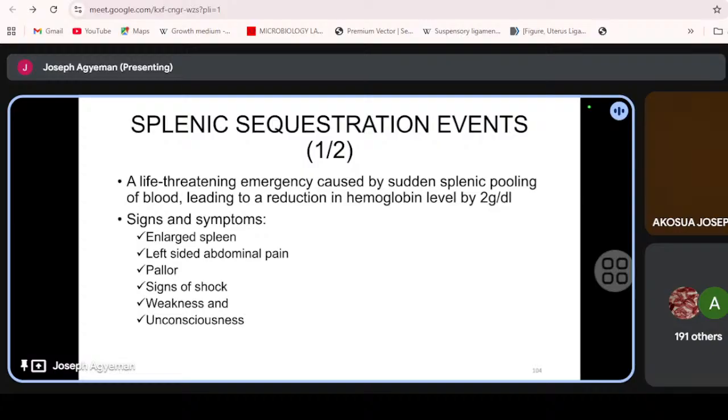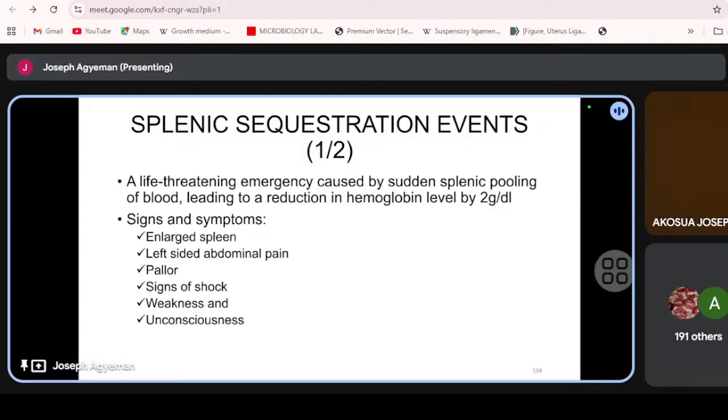Unfortunately, the spleen is part of our soldiers, our immunity. The spleen plays a very critical role. And therefore, once you remove the person's spleen, remember that you have predisposed the person to infections. And therefore, you must protect the individual from infections. So it starts all the way from lifelong prophylaxis.